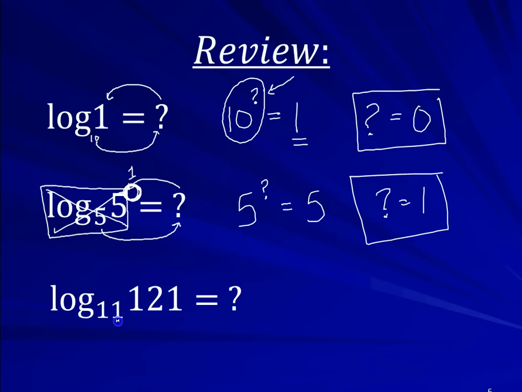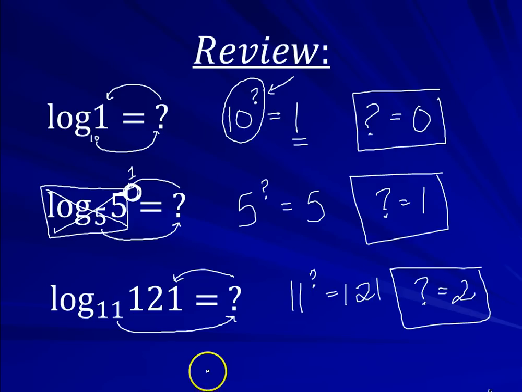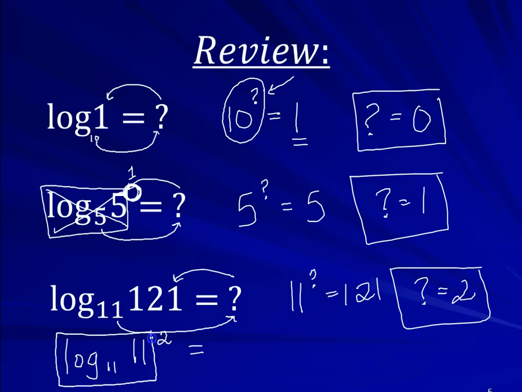The next one, let's start with our circle. 11 to what power equals 121? Okay, well, hopefully, again, you guys can answer this one for me. This would have to be 11 squared, so that would have to be a 2. Going back to what we said up here with the pattern, if I rewrote this 121 as 11 squared, which it is, these 11s would therefore match.